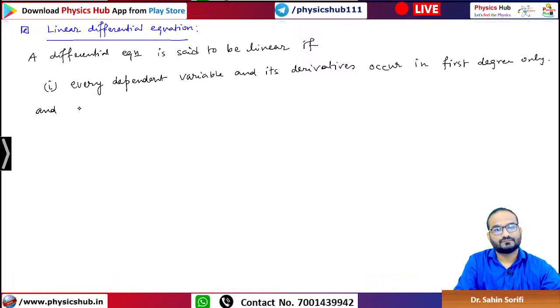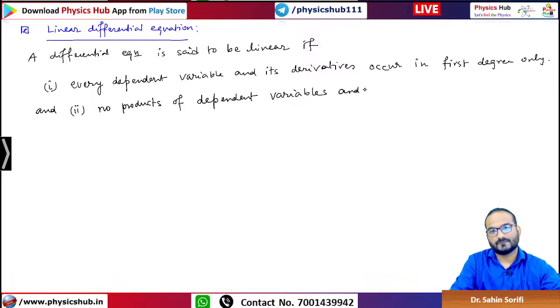And number 2, no products of dependent variables and its derivatives occur.